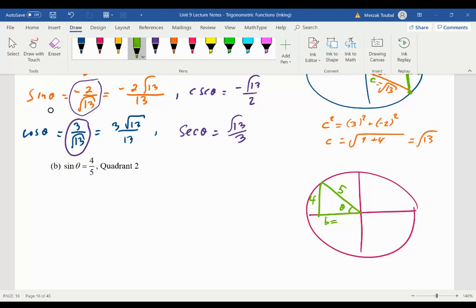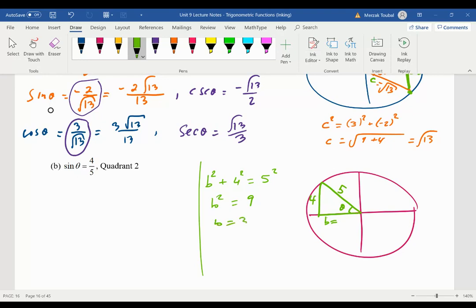So we use the Pythagorean theorem. B squared plus 4 squared equals 5 squared. So B squared equals 25 minus 16, which is 9.